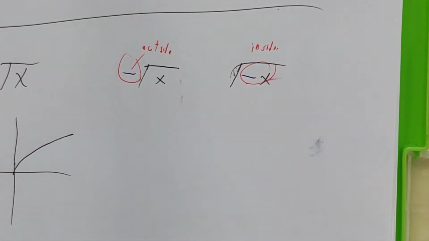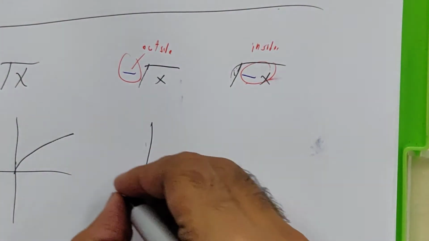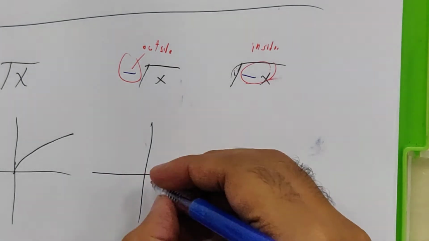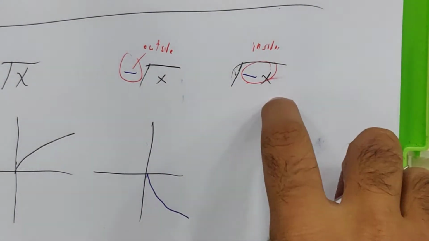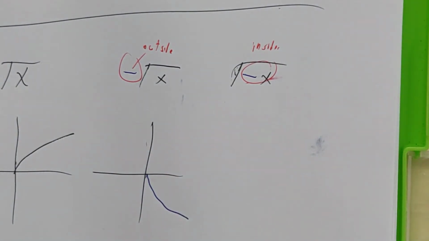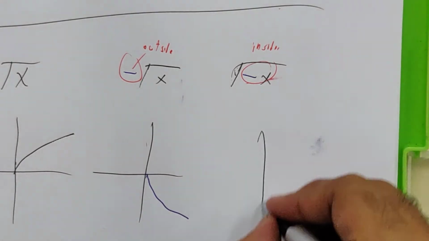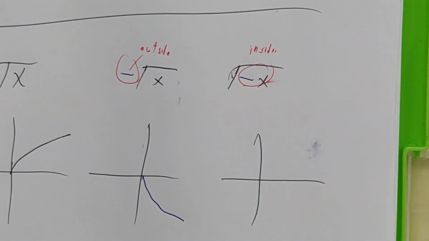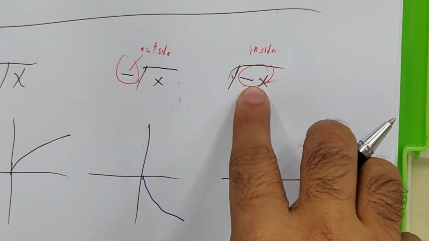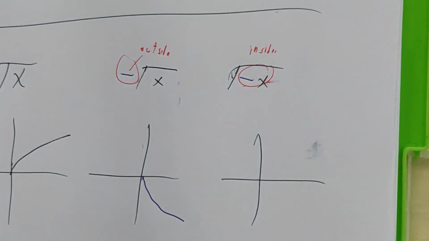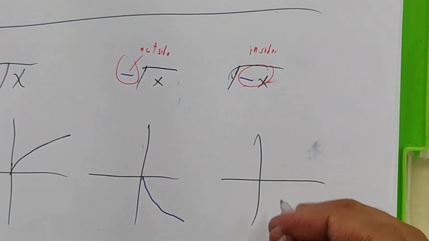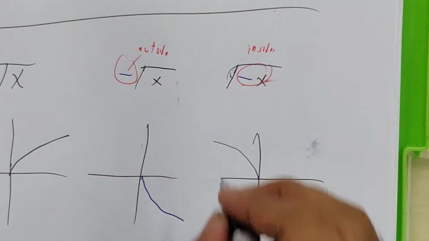Okay, kalau this one, how will the graph look like? Bawah saja, sir, tak ada hal. But what about this? We say inside cos left or right, right? So in this case, it moves here.